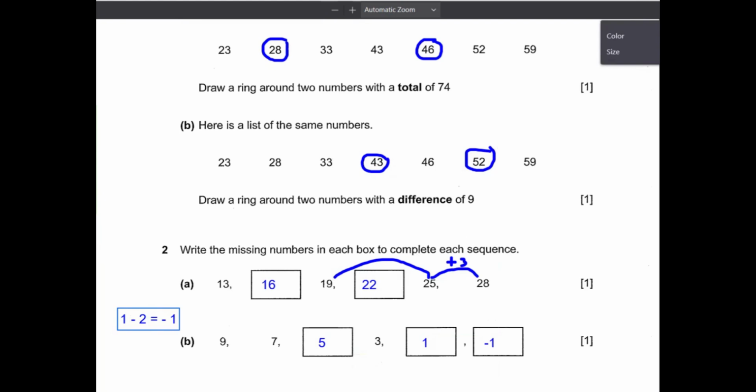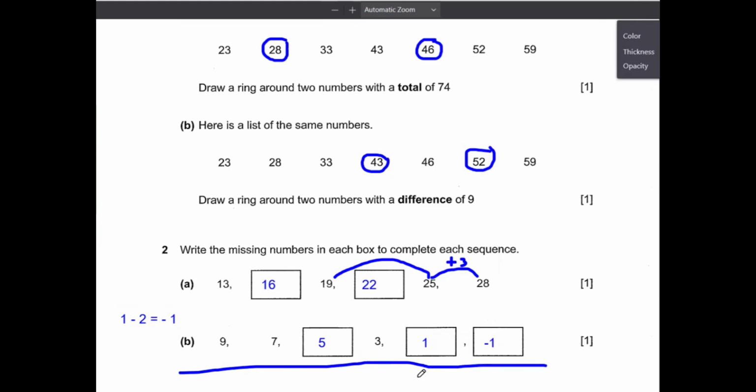Or you can use the idea of a number line. If you're using the number line, you have, for example, the 0, and you have 9 over here.